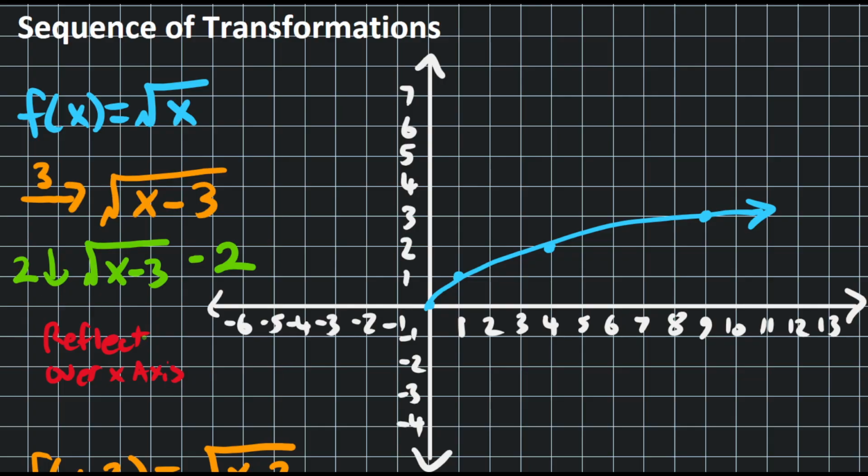Perfect. And then the last step is we're going to reflect this over the x-axis. How do we reflect this function over the x-axis? To reflect a function over the x-axis, it is simply negative the function, negative f of x.